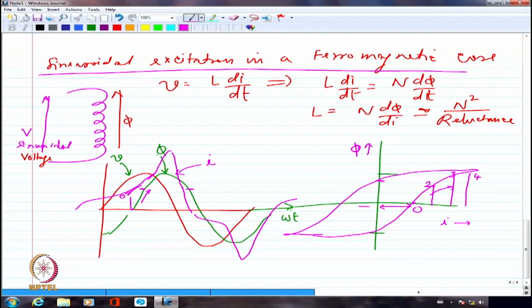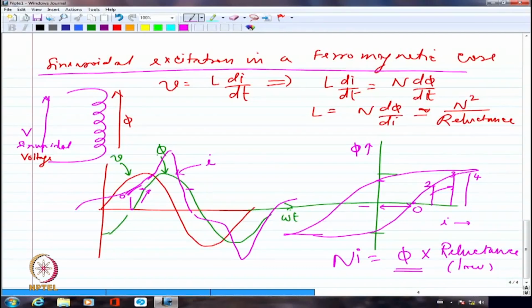We said already that Ni equals flux multiplied by reluctance. Reluctance is really low for an iron core. So to establish a finite amount of flux, I will require only a small amount of current, assuming that the number of turns is fairly large.